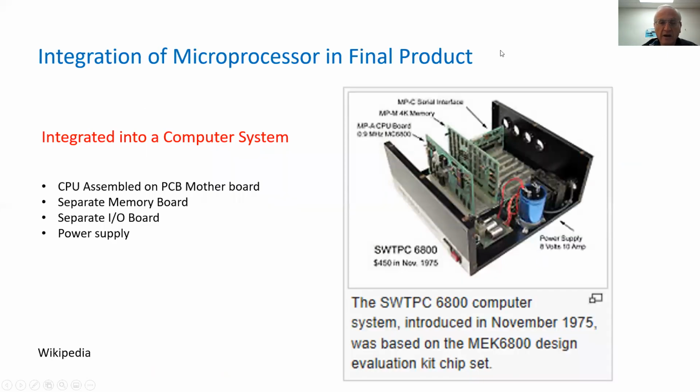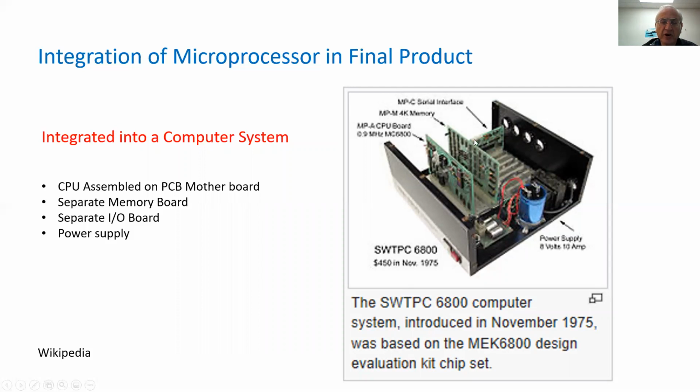So in the case of a microprocessor, the integration into a product is shown over here. The microprocessor is placed on a PCB with other equipment. This is the CPU, and then a separate card.